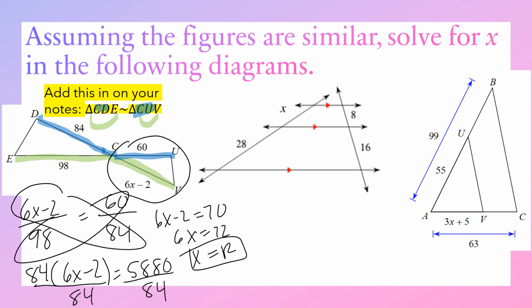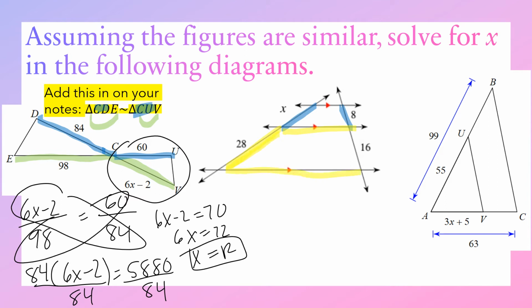Now the next one, I realize it kind of looks a little weird here, but we are not going to teach you this theorem here, but there's something called the side splitter theorem, which basically means that the corresponding sides go together. Let me rephrase that.